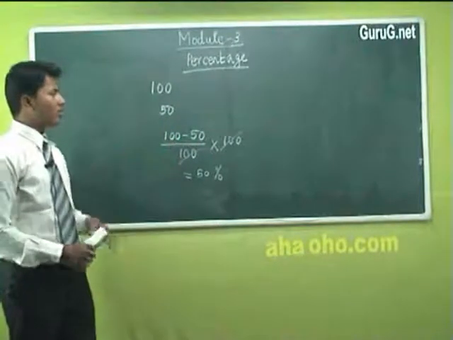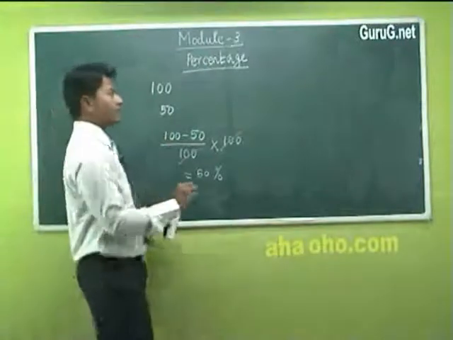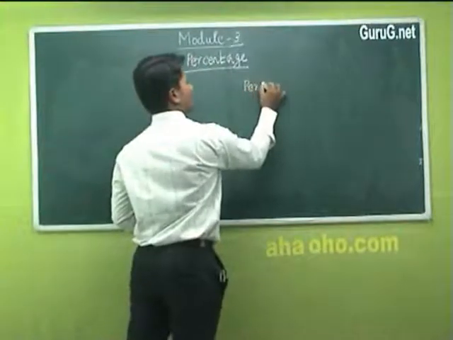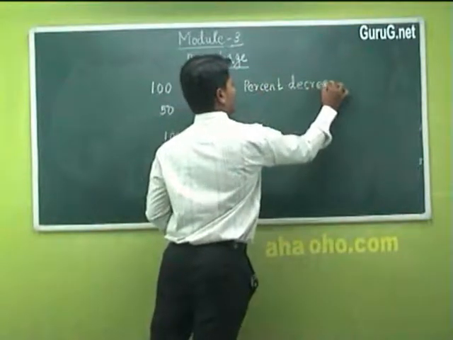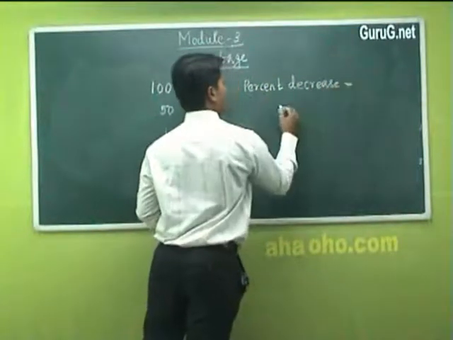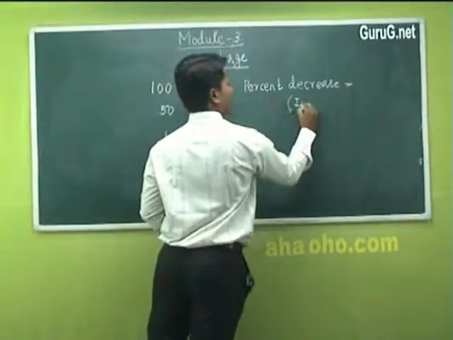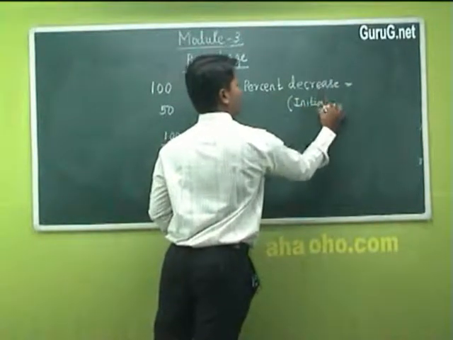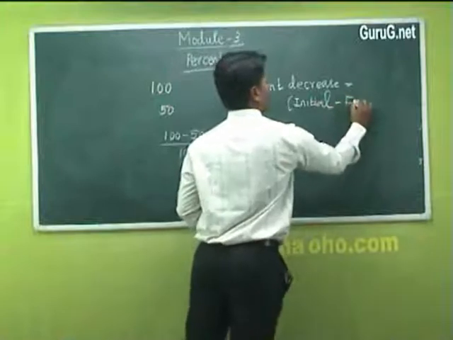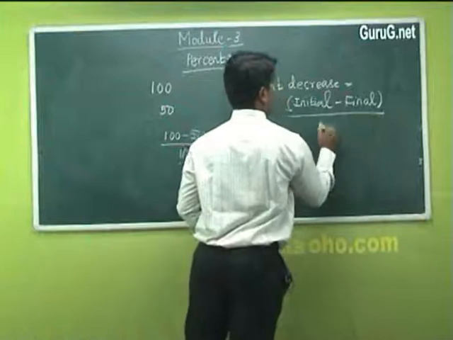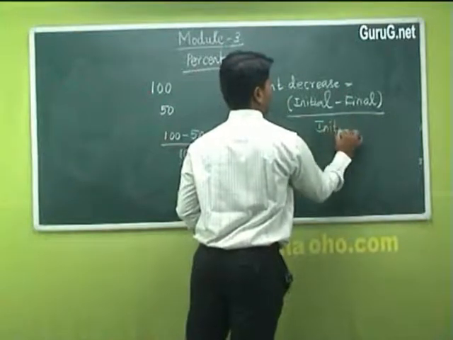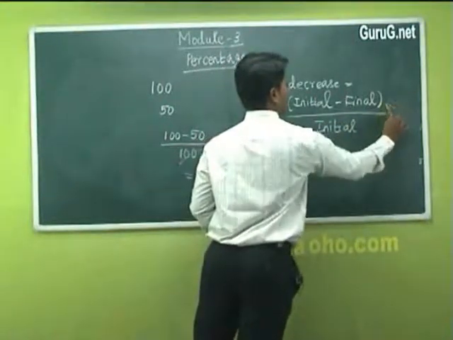How will you construct the formula to find the percent decrease? The formula for percent decrease will be initial value minus final value, divided by initial value, into 100.